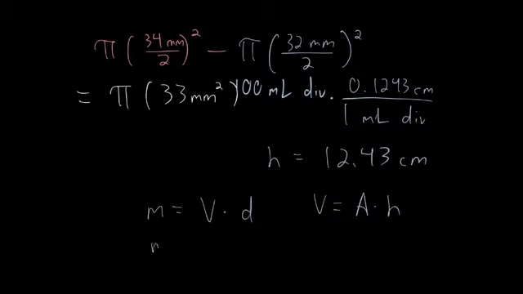Okay, so mass equals volume, where our area is pi times 33 millimeters squared, multiplied by our height, which is 12.43 centimeters.